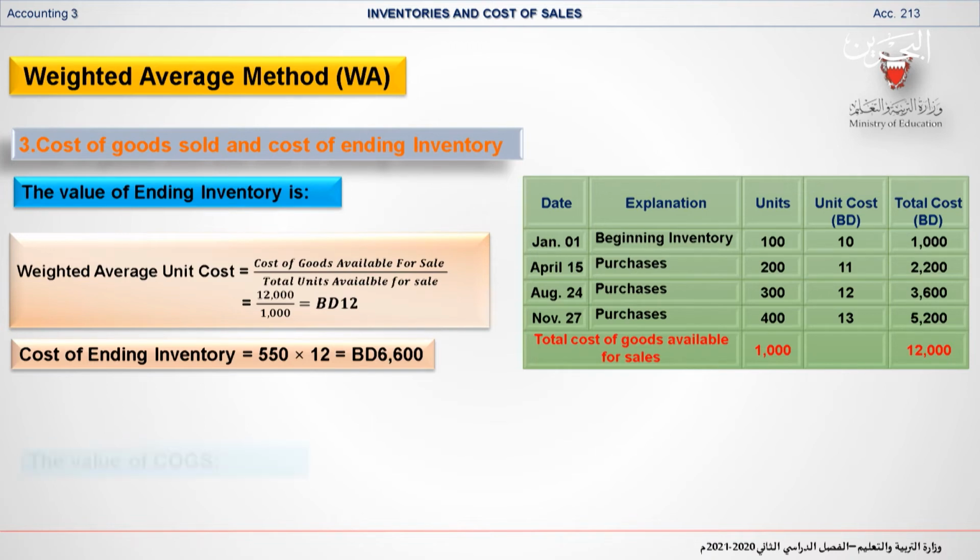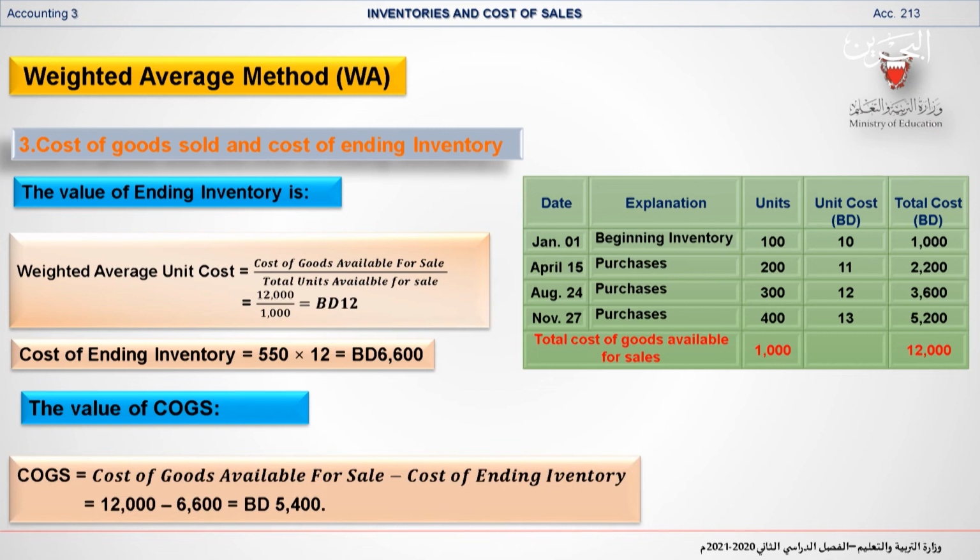Now, you are ready to calculate the cost of goods sold by applying this formula: cost of goods available for sale minus cost of ending inventory, which is 12,000 minus 6,600 equals 5,400 BD.